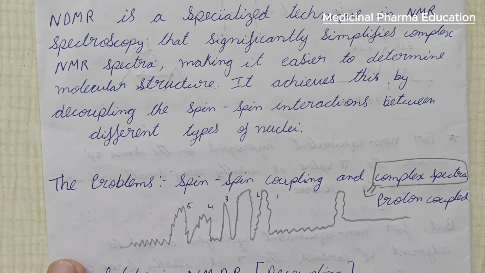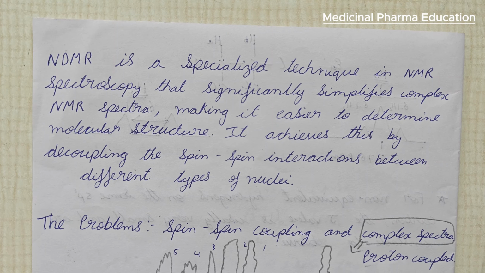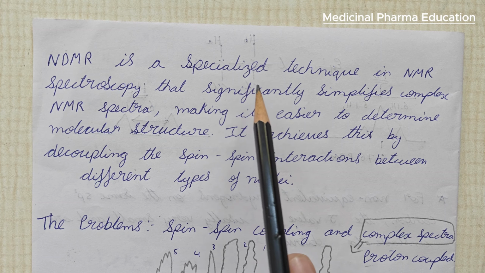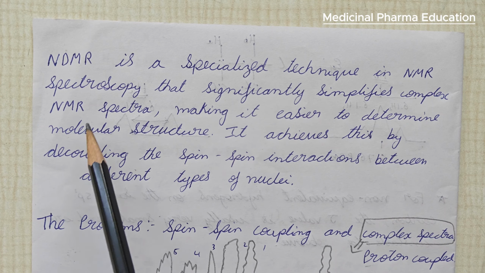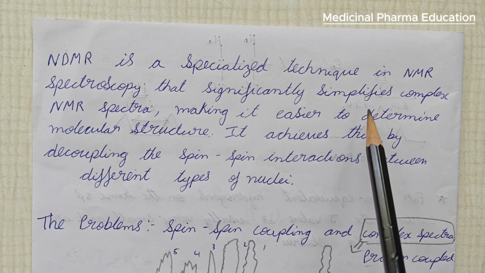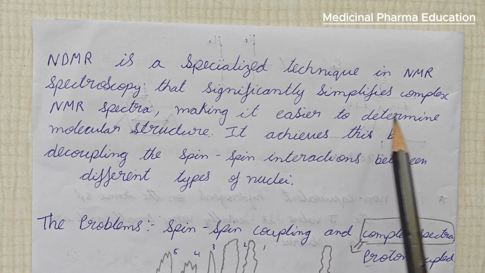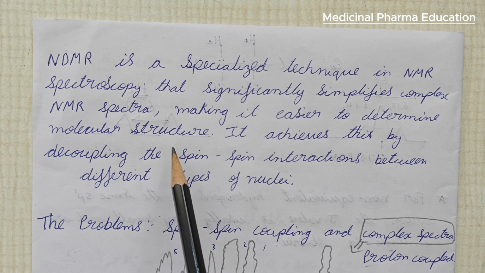Okay, see, nuclear magnetic double resonance is a specialized technique in NMR spectroscopy that significantly simplifies complex NMR spectra, making it easier to determine molecular structure. First understand this line.